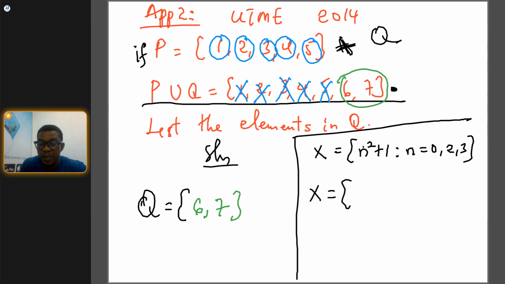You can type your response in the chat box very quickly.